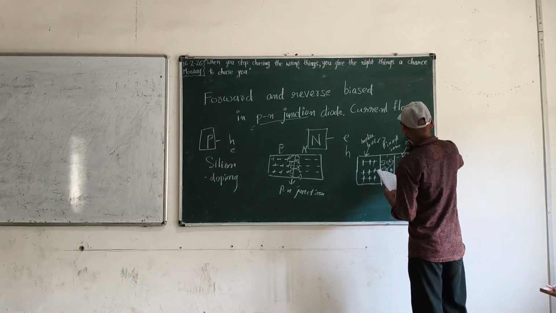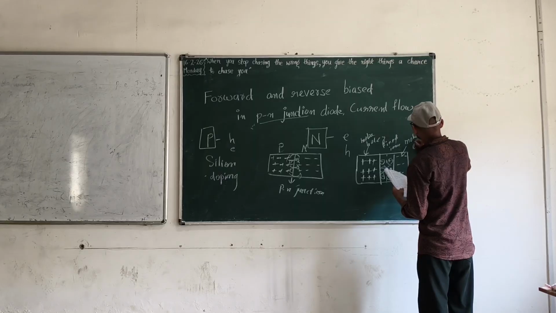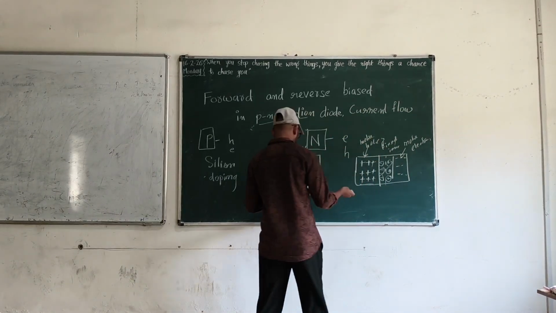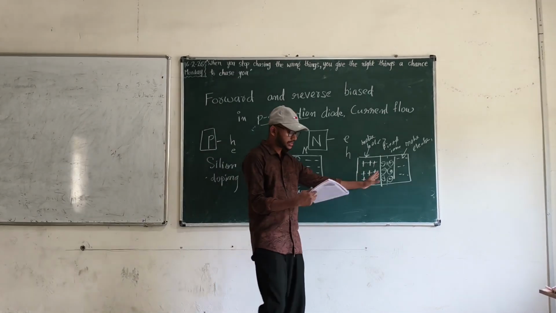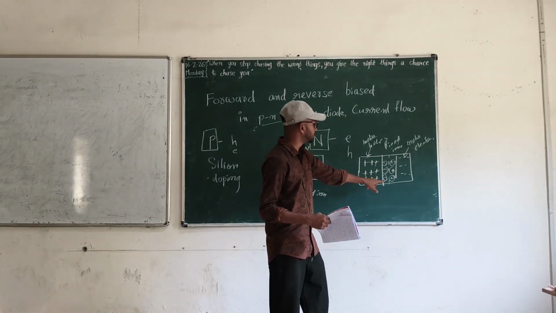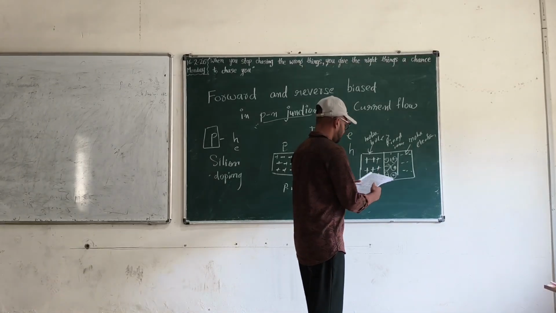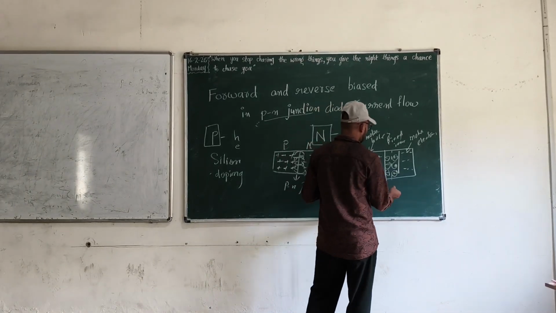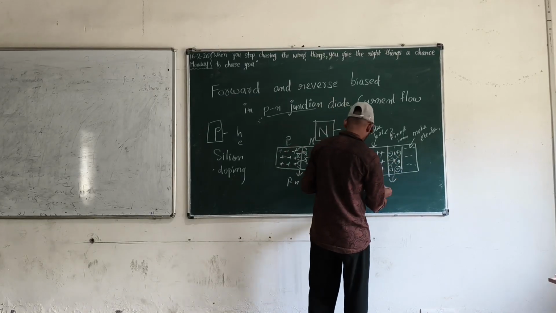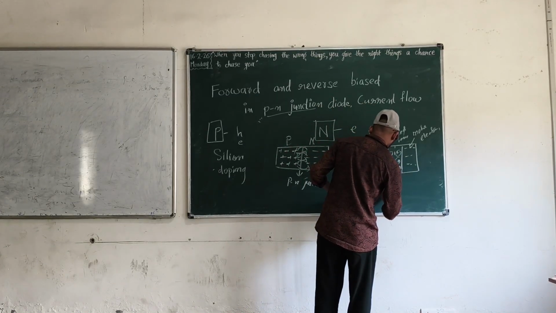These are called the mobile electrons. This recombination removes the free charge carriers near this junction and creates a thin depletion region that is almost free of mobile charges. And this region is called the depletion region.